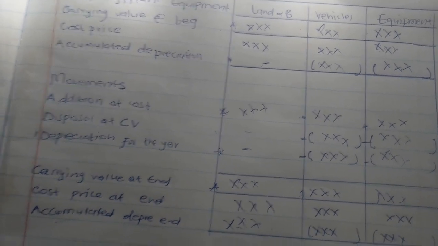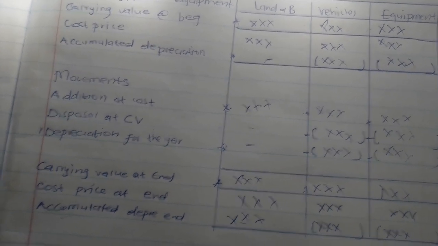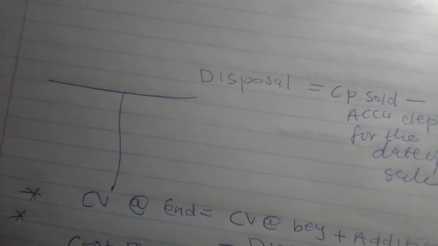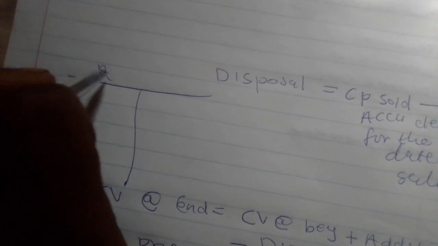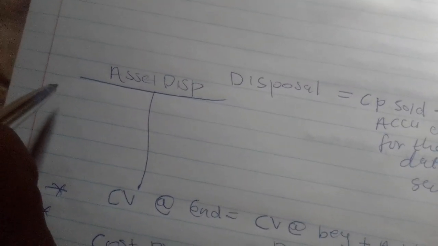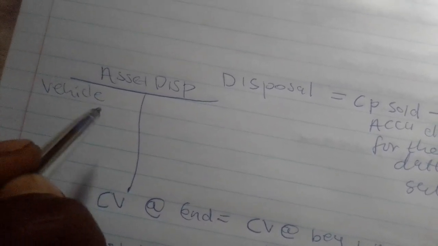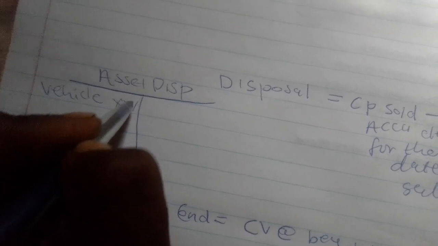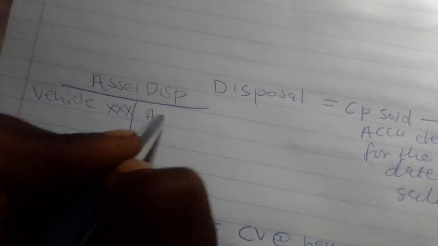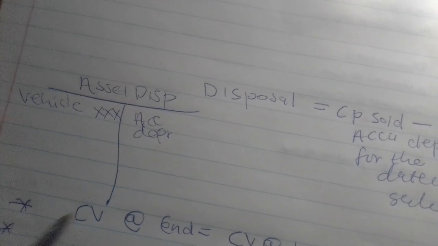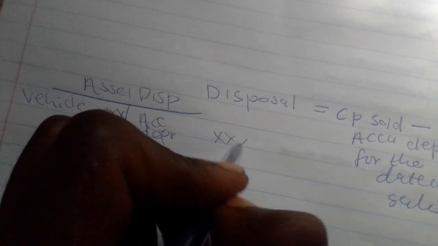So if you don't understand this method, you can also use the asset disposal account to get the disposal at carrying value. This is our asset disposal. On the left hand side, let's say maybe you sold a vehicle, maybe of this amount. Then on the right hand side, you are going to have accumulated depreciation of this amount.